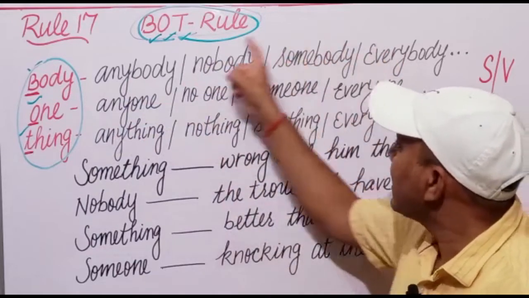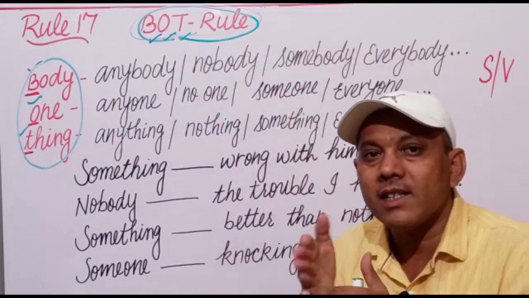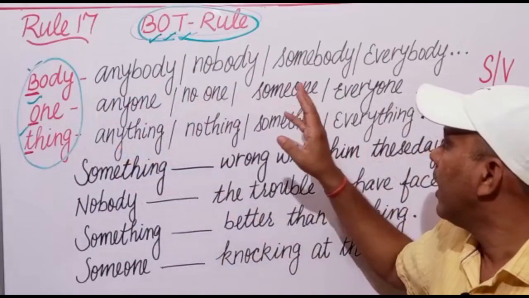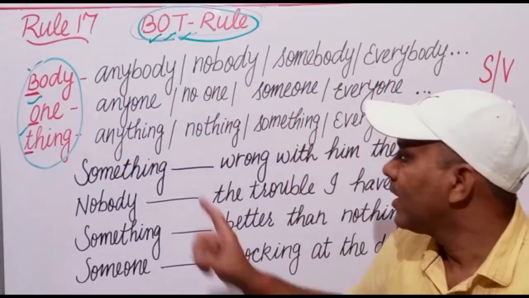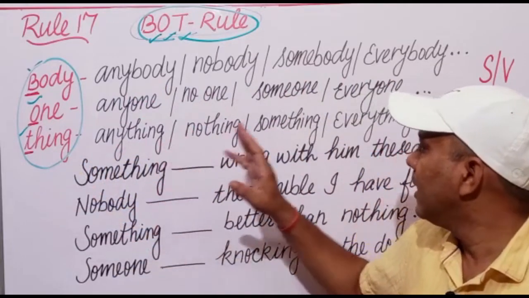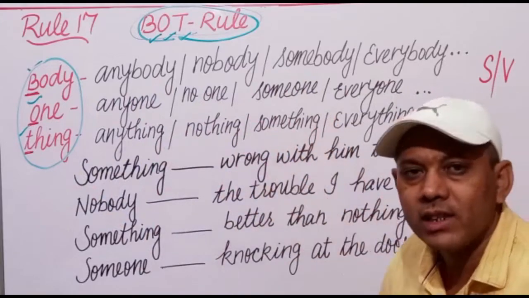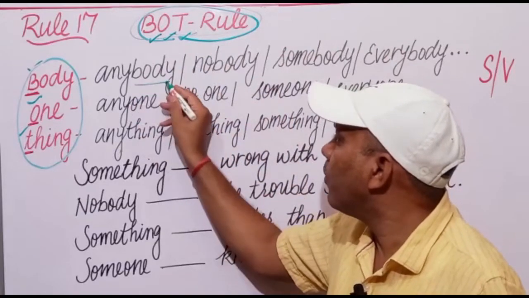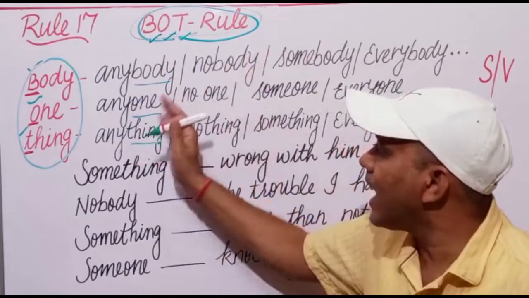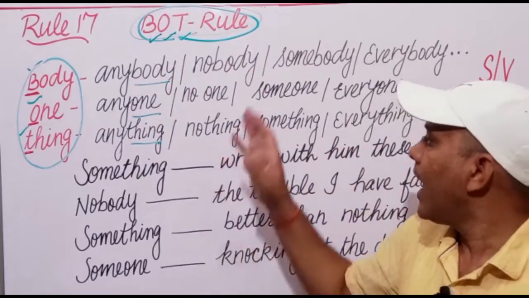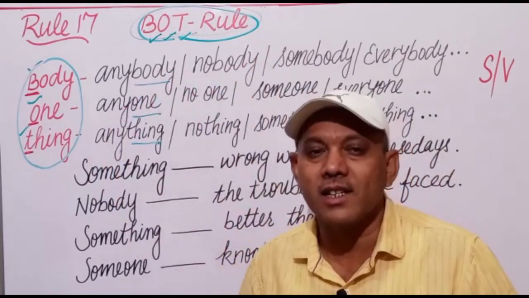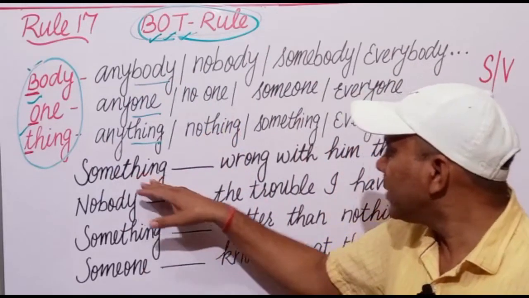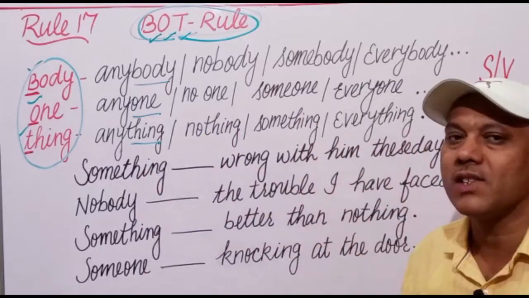One means anyone, no one, someone, or everyone, and thing means anything, nothing, something, and everything. If these words having body, one, and thing at their end as a suffix act as a noun or subject in the sentence, they take a singular verb. For example, something dash wrong with him these days.